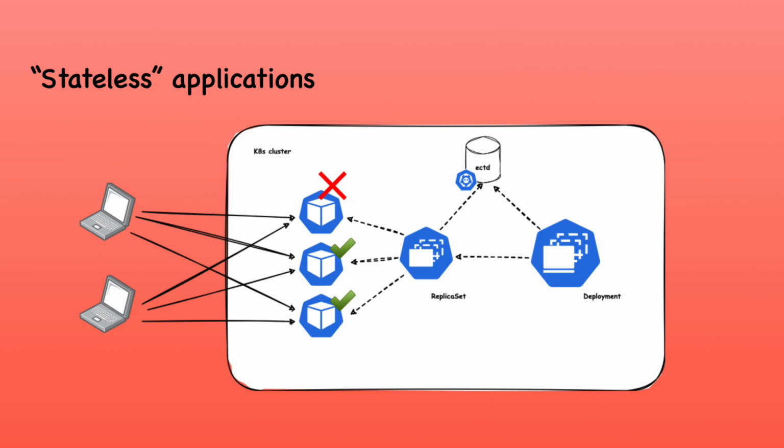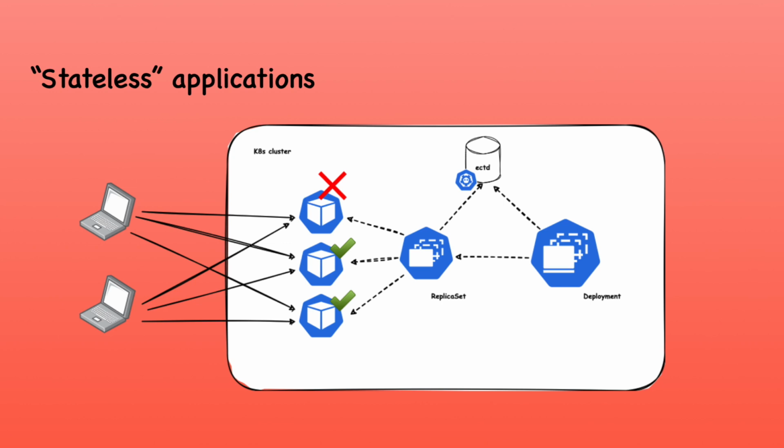Instead, that data needs to be stored in some external database or some other mechanism within your Kubernetes environment. Because if that pod that stored that user's login data failed and was torn down and then spun back up, that user's login data would no longer exist.